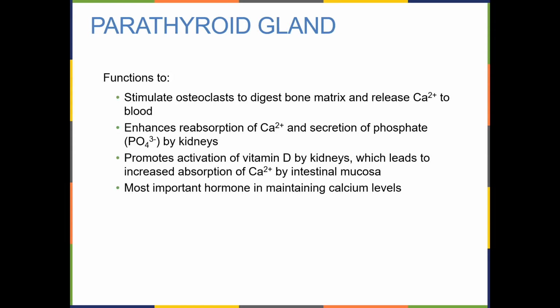So three things: break down bone, recover calcium in our kidneys, and allow more calcium to be absorbed in our small intestine from our diet, thanks to vitamin D. Vitamin D acts on the small intestine to say, let's absorb more calcium. That's how vitamin D works.